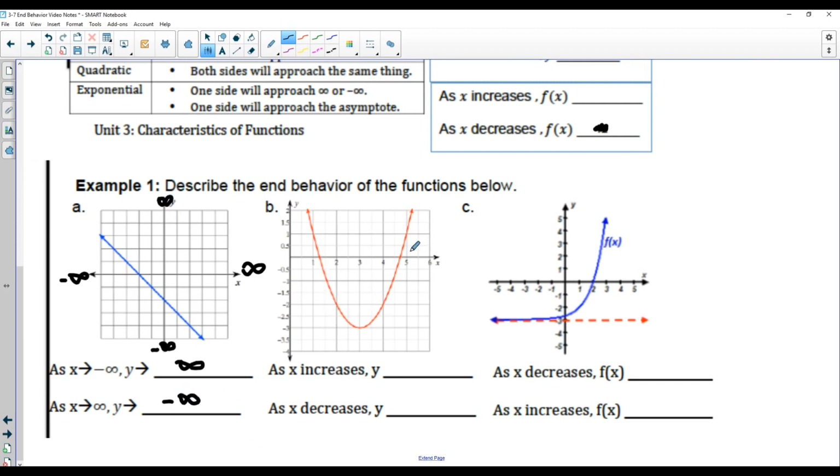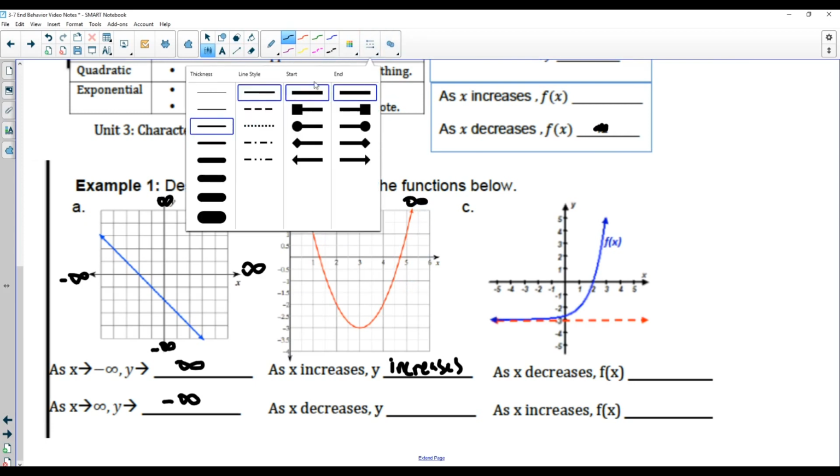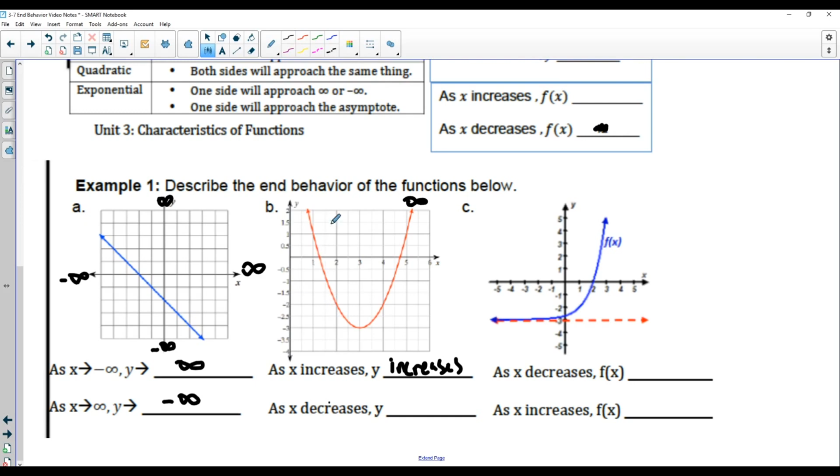All right, so let's look at a quadratic. As x increases, so that's on this side, as x is getting bigger, y is also increasing. The bigger the x value I plug in, the bigger the y value, and it's going to keep going up and trying to get to positive infinity. As x decreases, so as I plug in smaller and smaller x values, this thing is also going to get higher and higher. So it's also approaching positive infinity on this side.